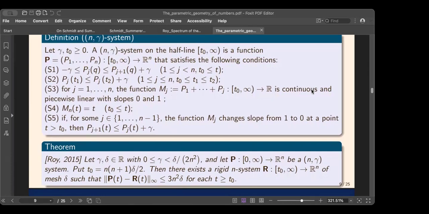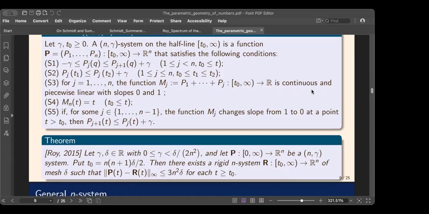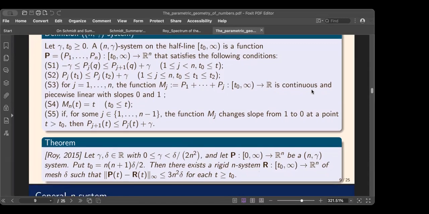Yes. And I think this constant will depend on delta. Here delta is the rigid N system's mesh, so it is related to the mesh.